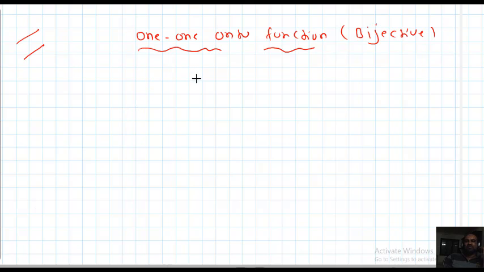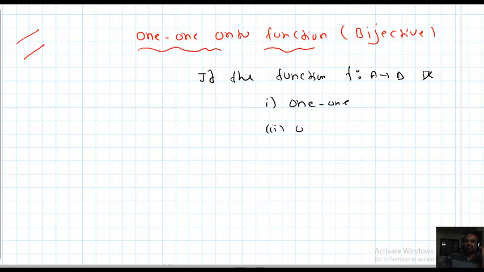Listen. If the function f maps A to B is number 1, one-one, number 2, onto, then it is called bijective.